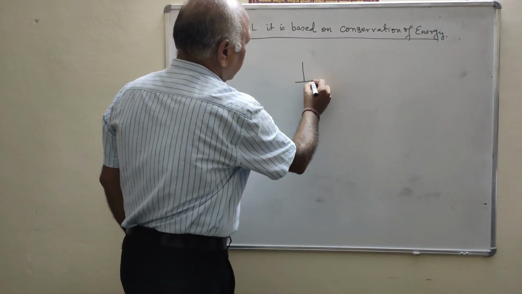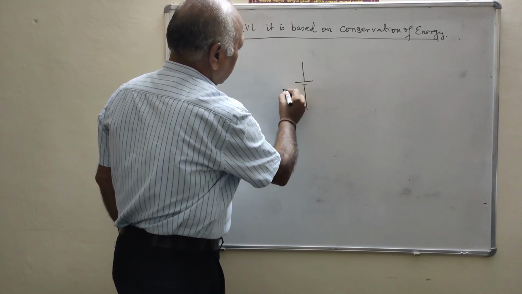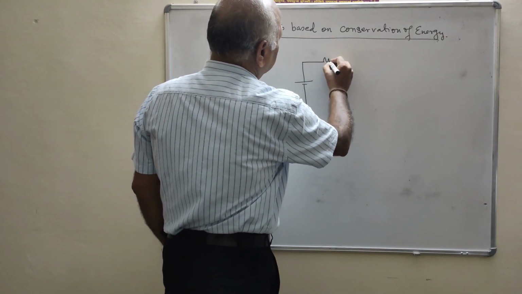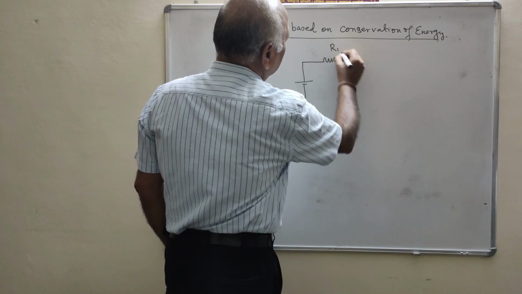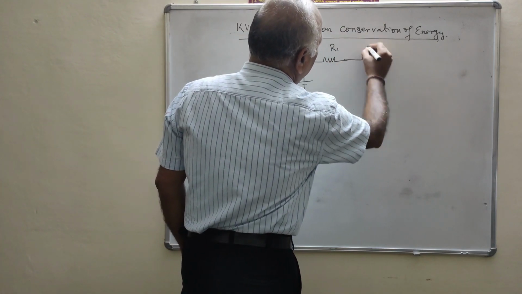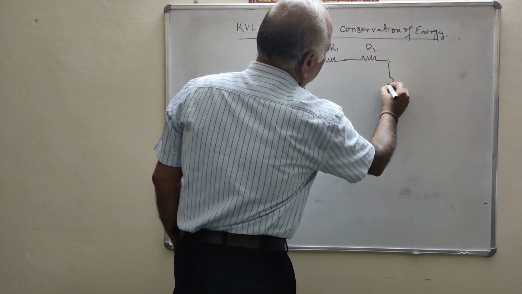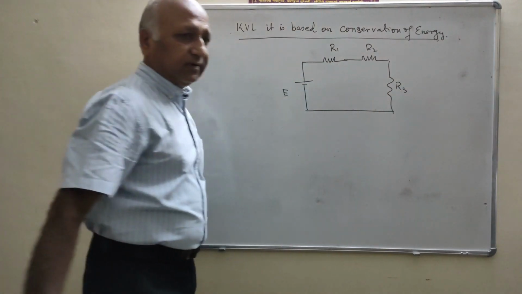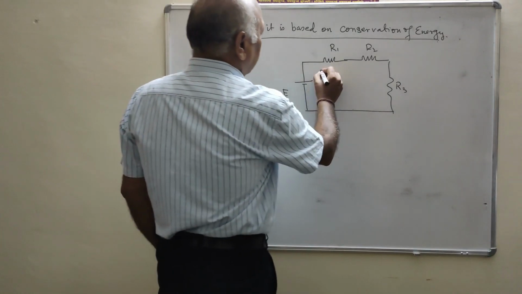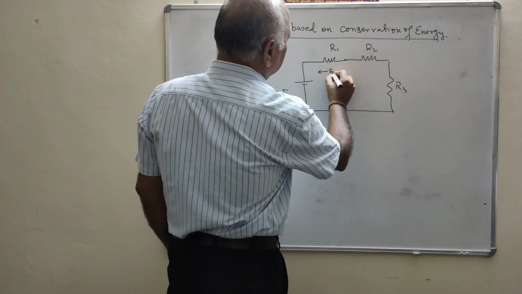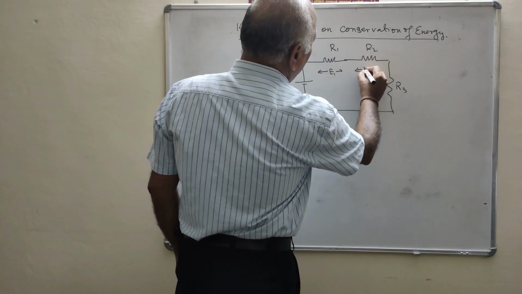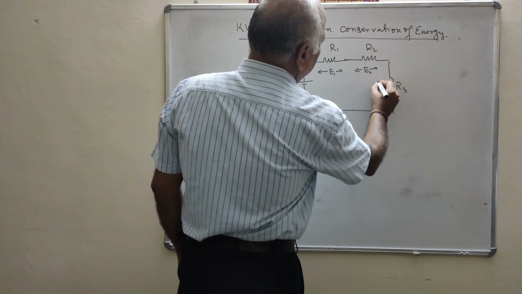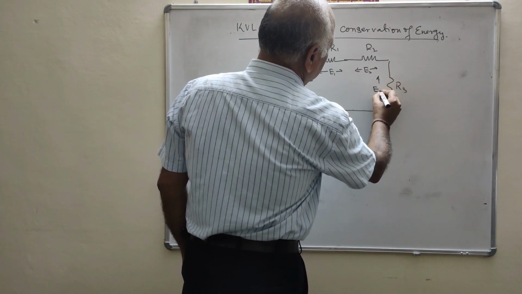Say this is the E. This is the resistance R1. This is the resistance R2, and say this resistance is R3. Say here the drop is E1, here the drop is E2, here the drop is E3.